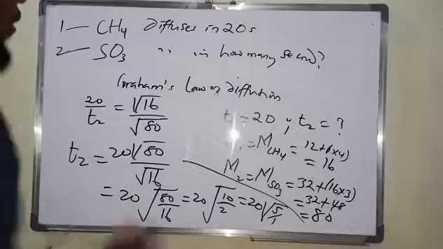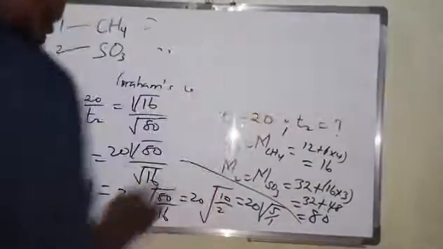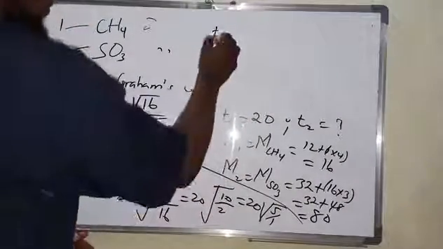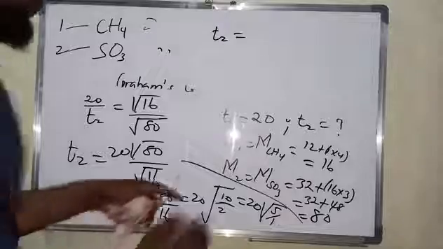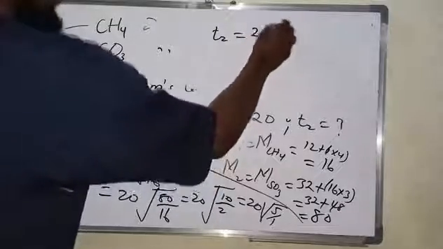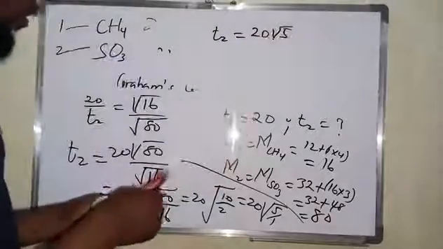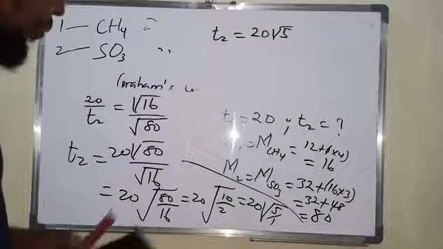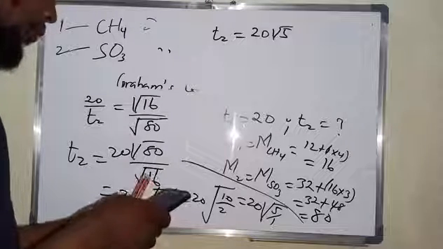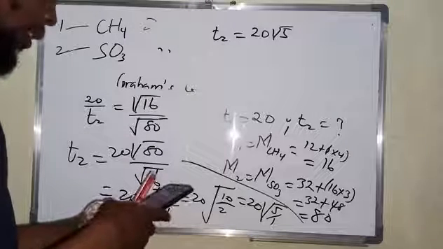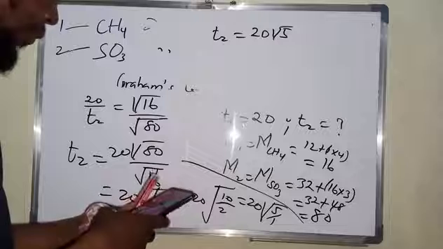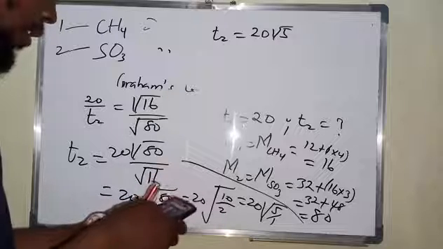So T2 will be equal to 20 root 5. What is the square root of 5? Let's see, calculator here.